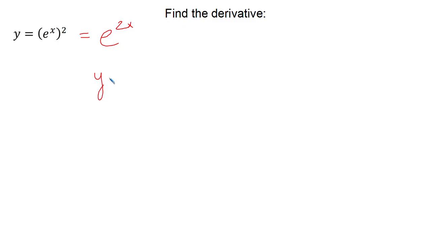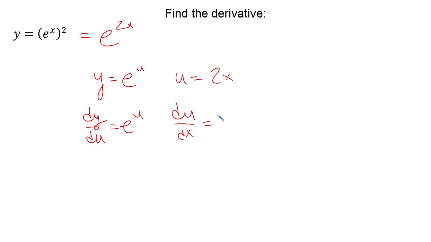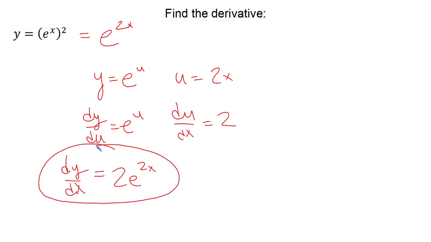So now we have y equals e to the u, where u is equal to 2x. Okay? And so with our chain rule, we just get dy du equals e to the u, and du dx is equal to 2, right? And so that's going to just give us dy dx is equal to 2e to the u, or 2e to the 2x.